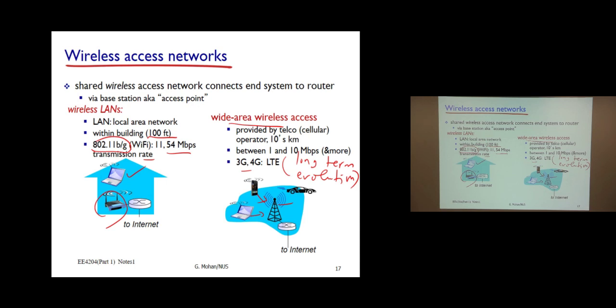Normally the data rate is from 1 to 10 Mbps on the cellular network, but increasingly with 4G it has been claimed that you can use up to 100 Mbps, 300 Mbps. Now with 5G, they may promise 1 Gbps. We do not know. Usually the cellular mobile network data rate is smaller compared to Wi-Fi.